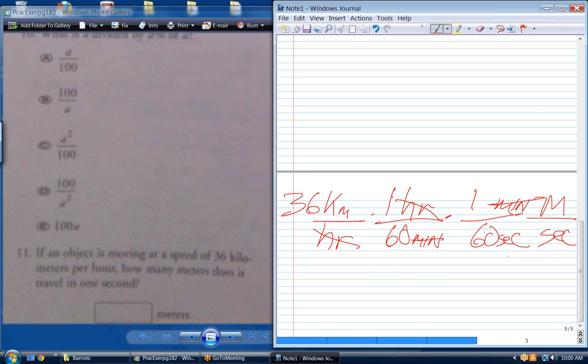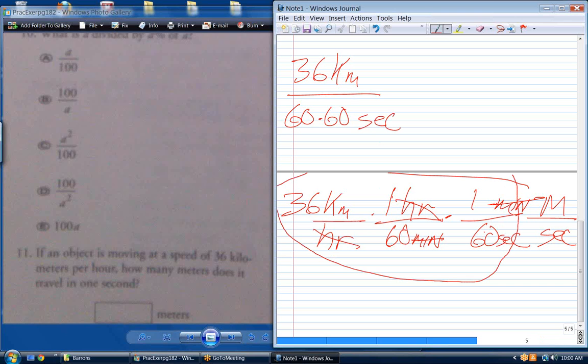And the goal is to get seconds in the denominator and meters in the numerator. Well, right now I've got 36 kilometers per 60 times 60 seconds. So what one more conversion factor is going to allow me to get meters per second?